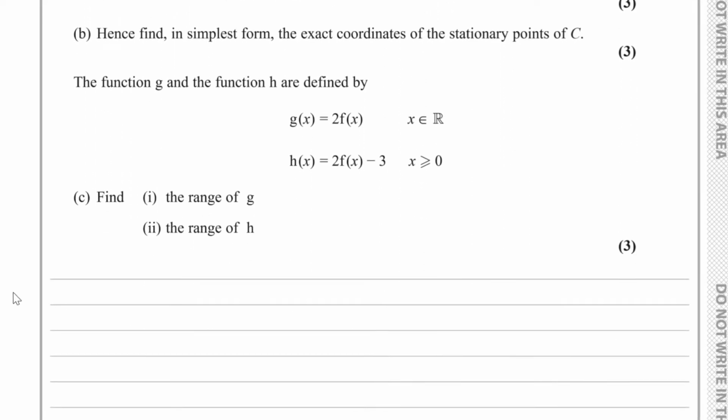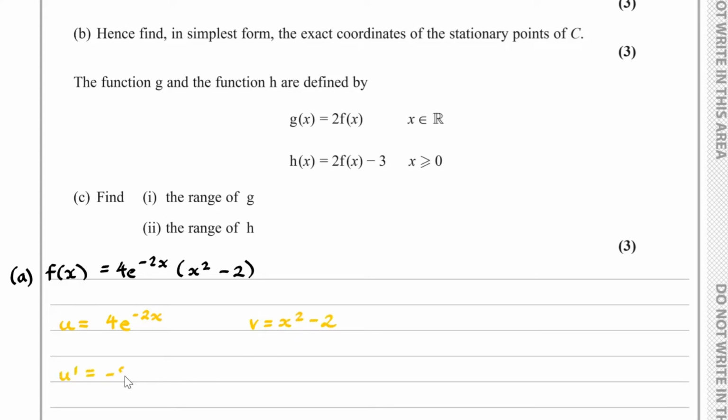So for part A of the question, we begin by writing out what f of x is, which I'm going to rewrite as 4e to the minus 2x lots of x squared minus 2. And we can use the product rule to differentiate this. Using the product rule, u is equal to 4e to the minus 2x and v is equal to x squared minus 2.